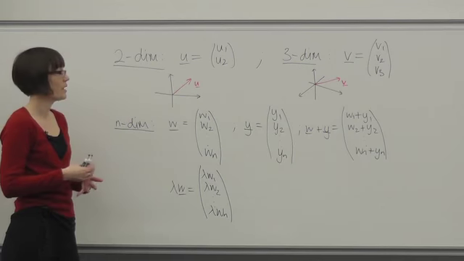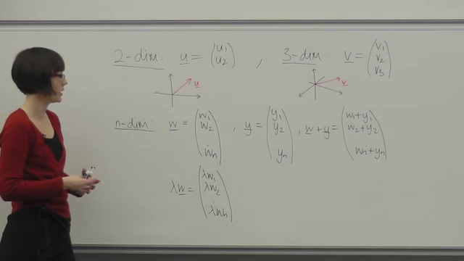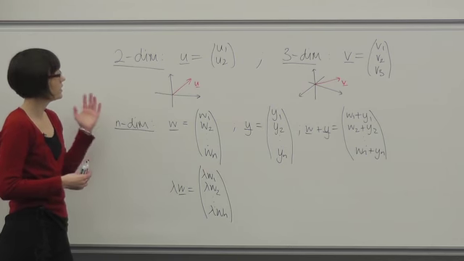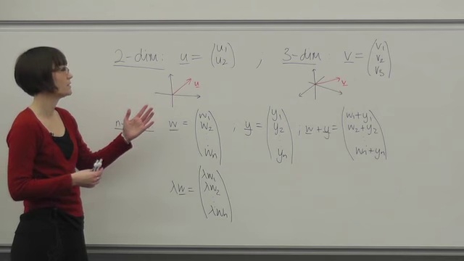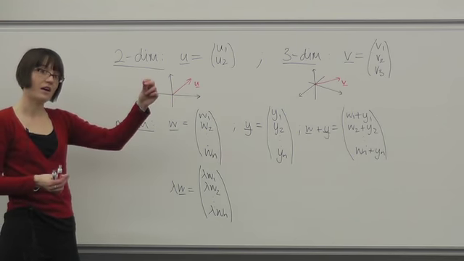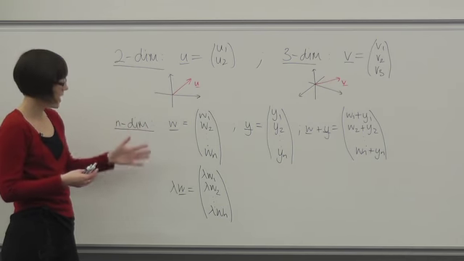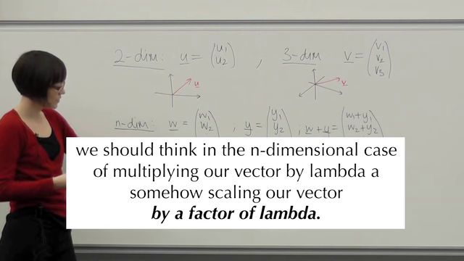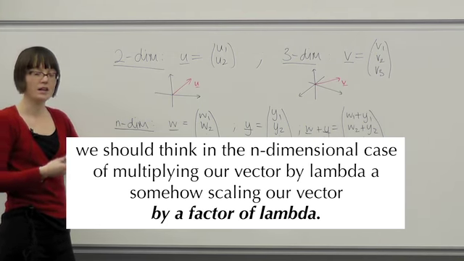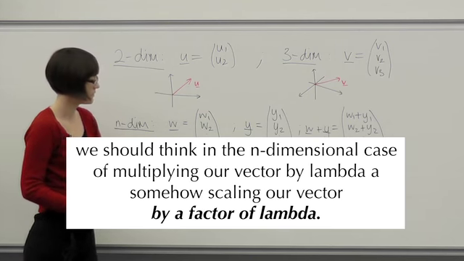And what about our geometric interpretation of vector addition and scalar multiplication? Well, we know that in the 2- or 3-dimensional case, multiplying by a scalar lambda has the effect of scaling our vector by a factor of lambda. And you should also bring that intuition to the n-dimensional case. So we should think in the n-dimensional case of multiplying by lambda as having the effect of somehow scaling our vector by lambda.